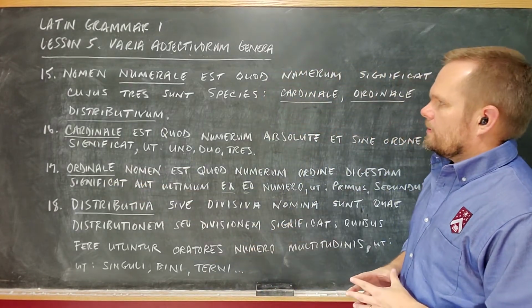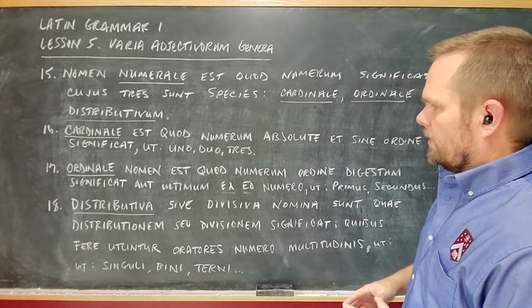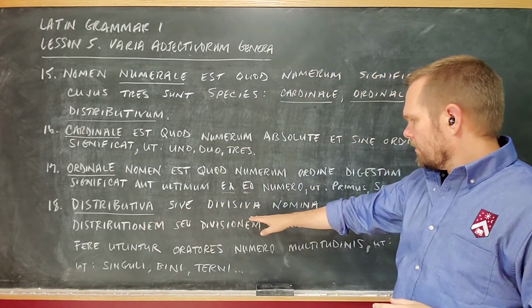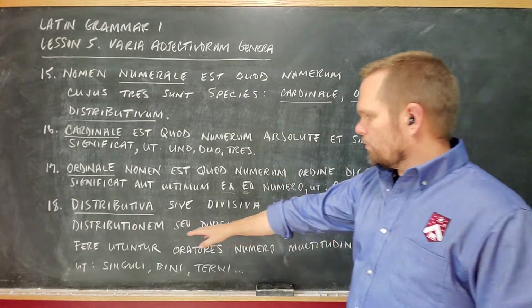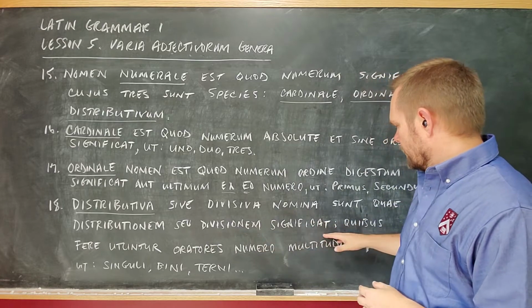Lastly, the third species of numerals will be distributive. Distributiva sive divisiva nomina sunt quae distributionem seu divisionem significat.